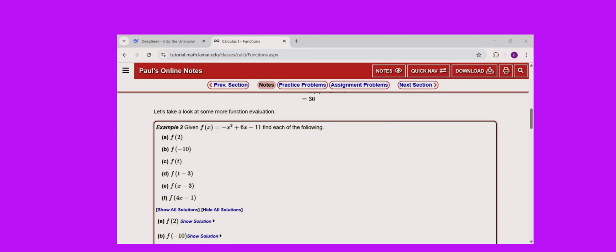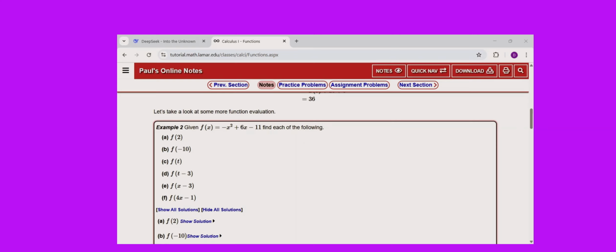How much is the calculation here? 2 square is positive 4, here minus is cancelled, here plus 6 into 2 is 12, and minus 11. Here the total calculation: 4 plus 12 is 16. 16 minus 11 is equal to how much? 5.